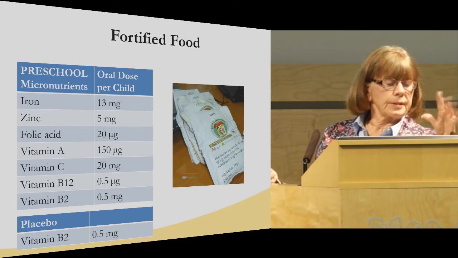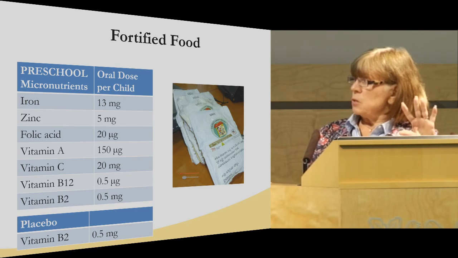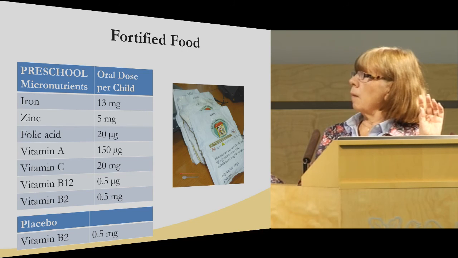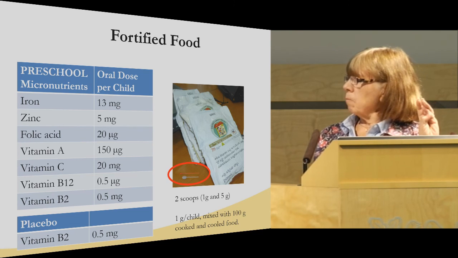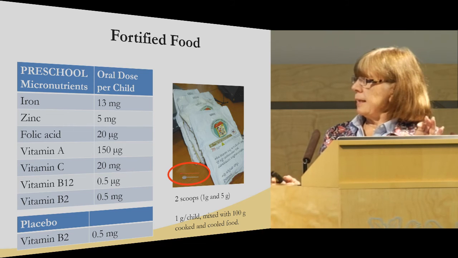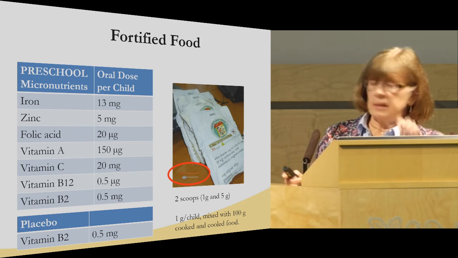So they have iron and zinc and folic acid and vitamin A and C and B12 and B2. It came in these packages given with a spoon, and the fortification was mixed in a small amount of food, in 100 grams of the midday food.